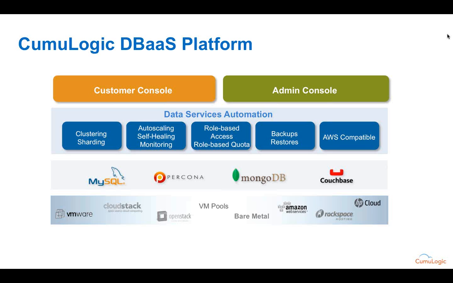We also support Amazon's APIs as well. That means we can work directly with Amazon EC2, or we can work with Eucalyptus if you have an on-prem Eucalyptus environment. Now, because we're very API-driven, that means really any public cloud that's supporting all the APIs I just described is fair game. You can target database deployments to any of them.